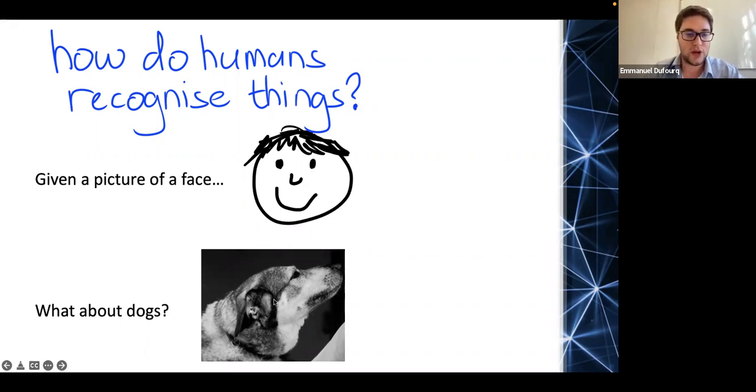So the same question with this picture of my dog. How can you tell that it's a dog? So feel free to unmute yourself and tell me how you know that this is a dog.